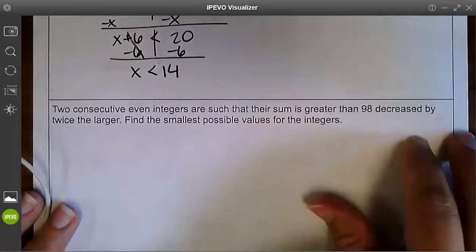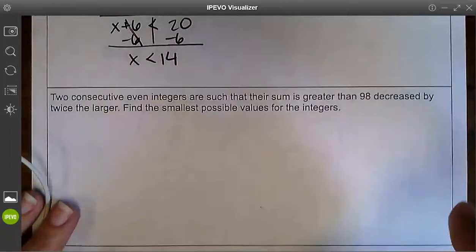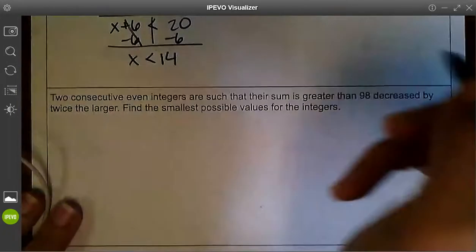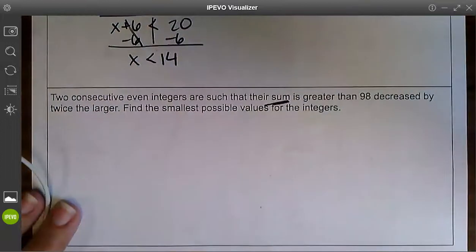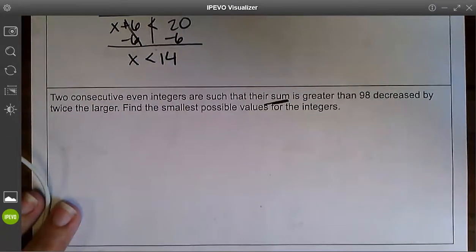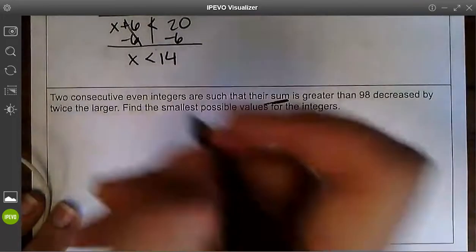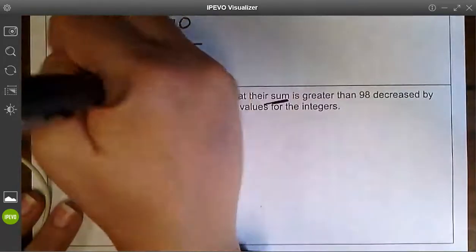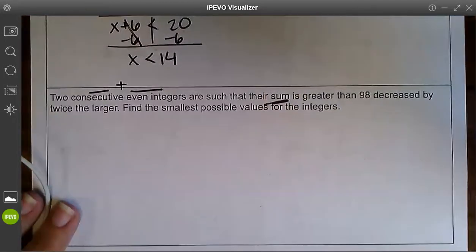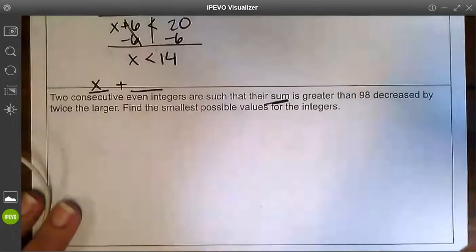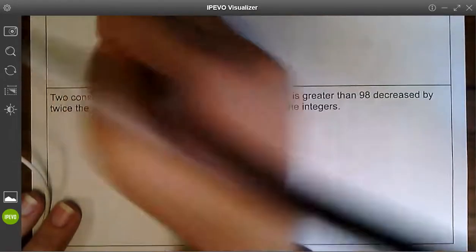Two consecutive even integers, this is a throwback, are such that their sum is greater than 98 decreased by twice the larger number. So if we have two consecutive even integers, then I have one integer plus another integer. If it's even, then my first one is x, my second one is x plus 2.